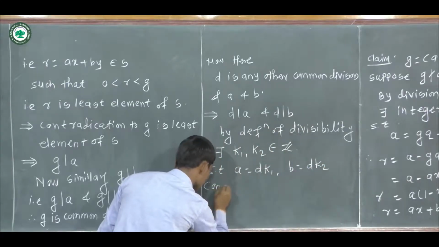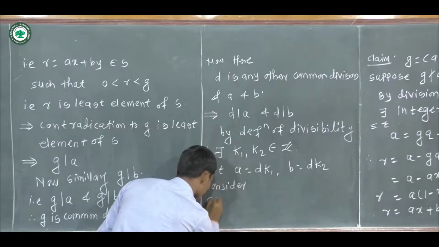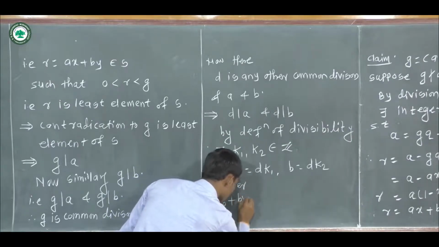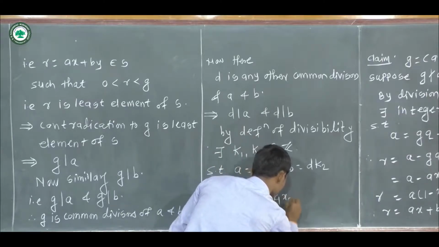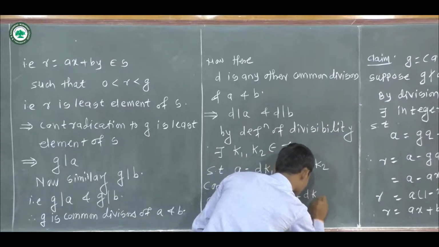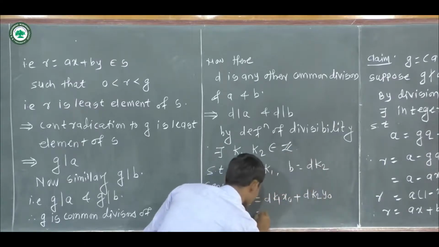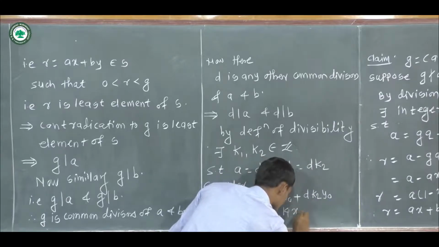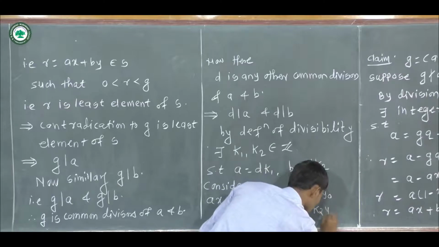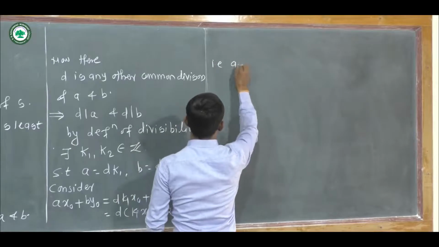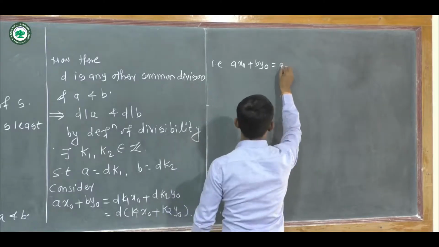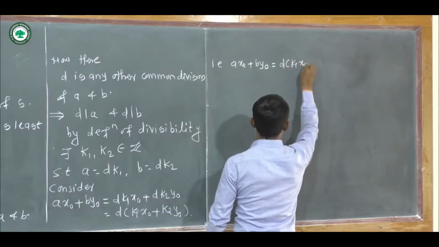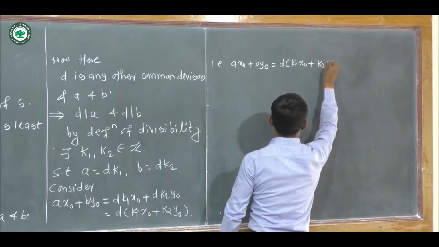Now consider ax0 plus by0 is equal to dk1 into x0 plus dk2 into y0, is equal to d into (k1 x0 plus k2 y0).